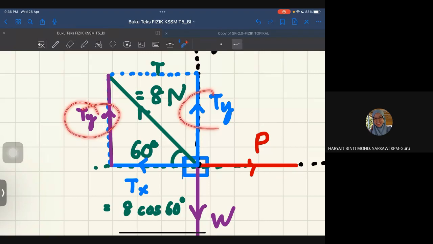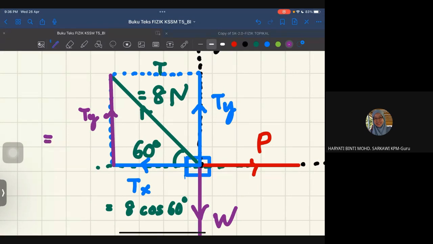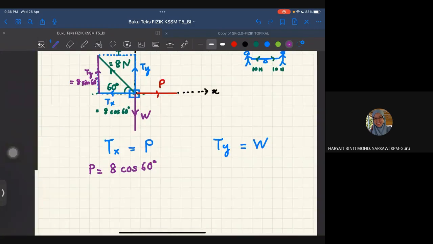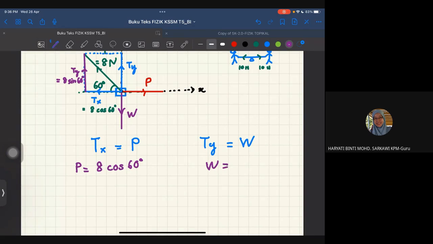This and this are the same, right? So we are using 60 degrees. So Ty now is opposite, so we can use sine. So Ty equals 8 sine 60. Alright? So you can write directly. So P is equal to 8 cos 60. And then W equals 8 sine 60.